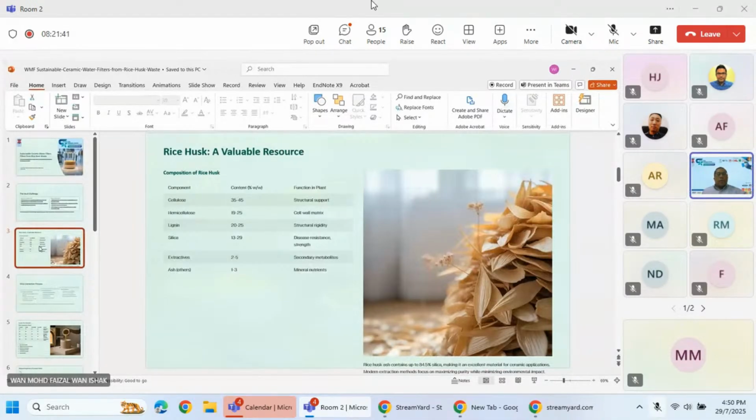Rice husk is a valuable resource containing cellulose, hemicellulose, lignin, silica, extractives, and ash. This is the percentage of each component with its own function. For example, cellulose for structural support, hemicellulose for the cell wall matrix, and so on.